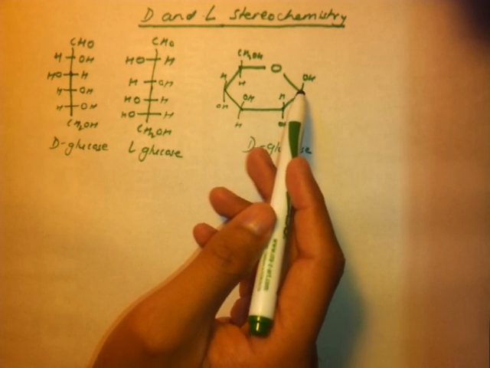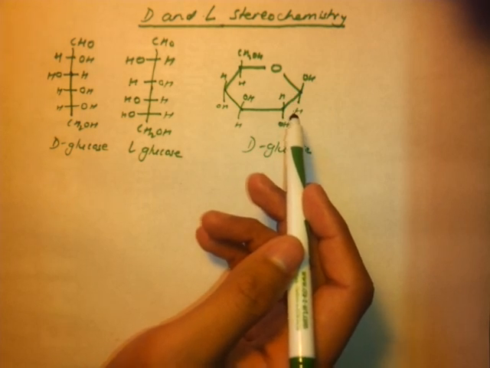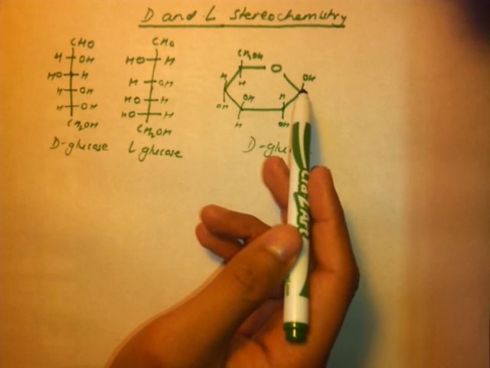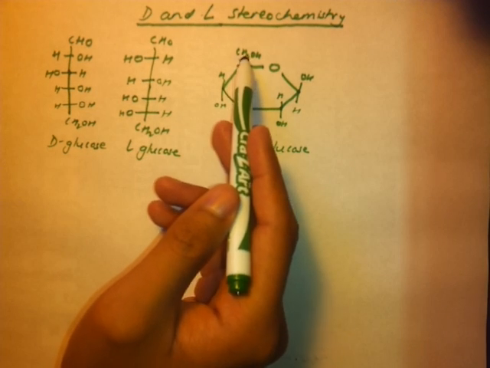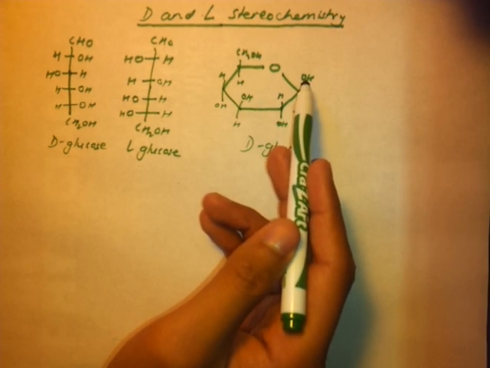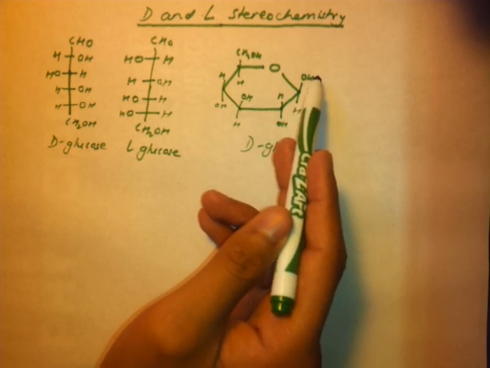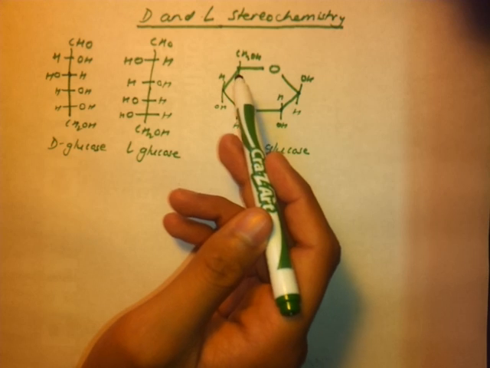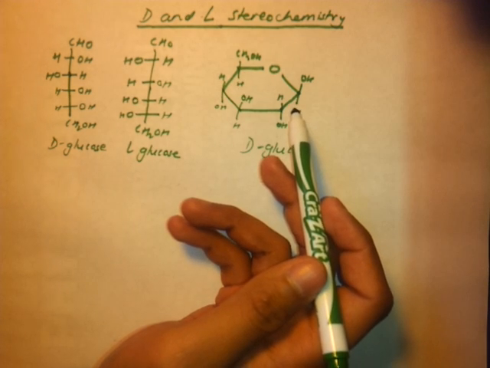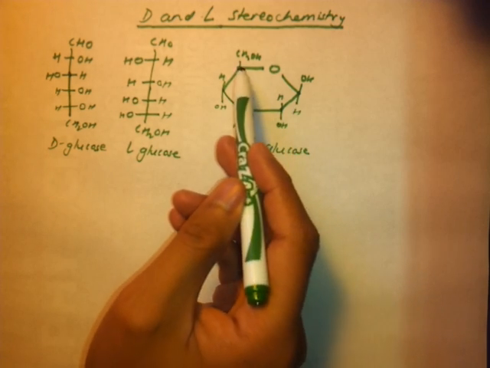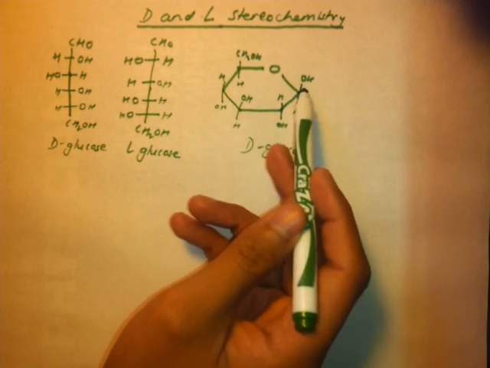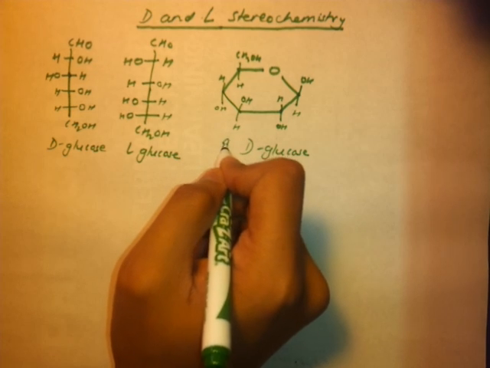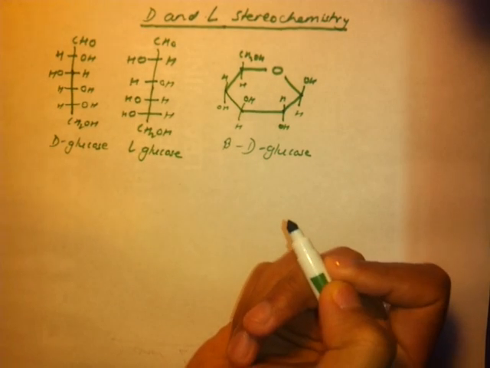Based on whether the OH goes to the top or bottom, we classify it as alpha or beta. We call it an alpha sugar if the direction of the CH2OH and the OH is opposite. So for example, if this OH was to the bottom, then this CH2OH and the OH are in opposite orientation, so we call it alpha. But in this case, the CH2OH is on the top and the OH is on the top too, so we call it a beta. So this is our beta D glucose.